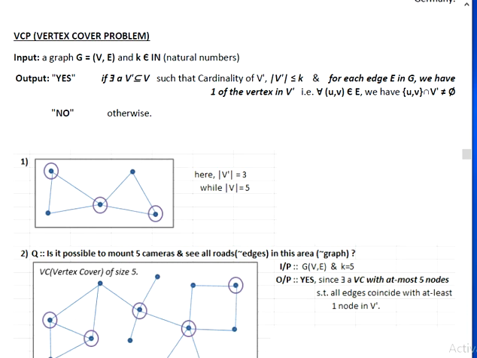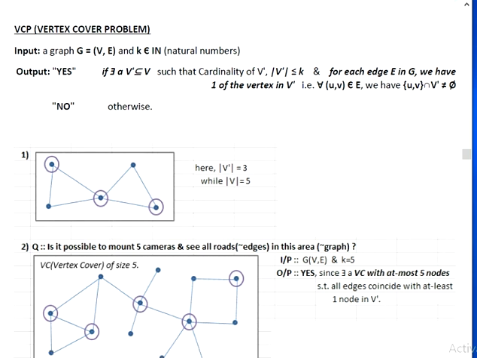The big circles are pointing to the covering nodes, the vertex cover. So if we have 5 vertices, and a subset of V of size 3, then it is covered. You can check that with these 3, all of the edges are covered. So for this situation, the output will be yes.